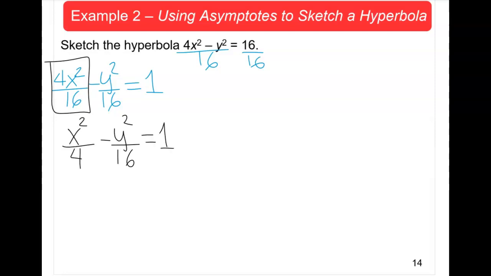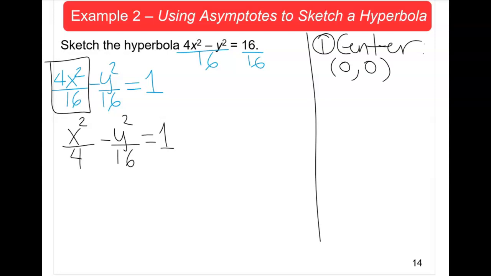So here we already know several things. First of all, the center is at 0, 0, which is great because h and k are zeros. Then we know that a squared is not the biggest denominator, it's simply the one with the positive fraction.